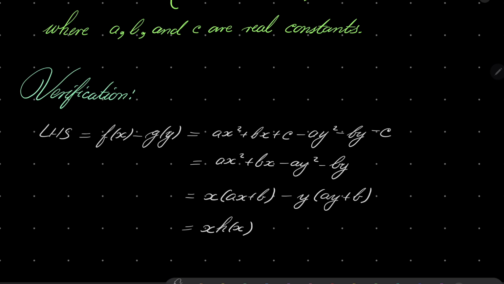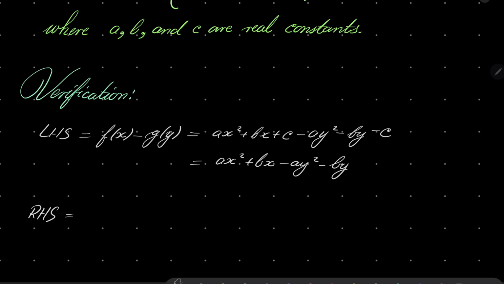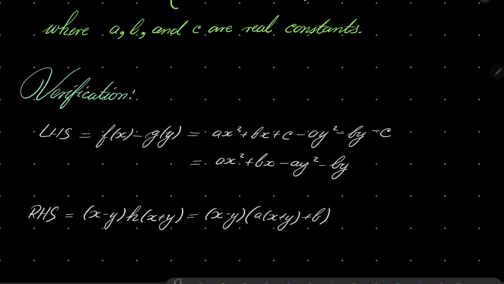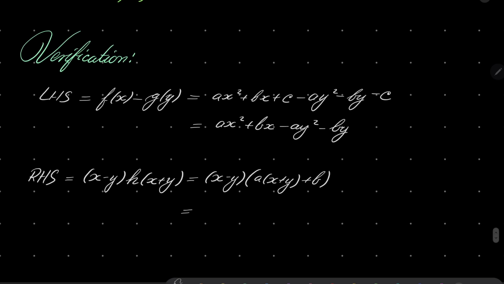Or you know what? No, maybe let's just write the right-hand side. X minus y, h of x plus y. So it's x minus y, ax plus y plus b, which is what exactly? Let's see. So it's x minus y, ax plus ay plus b.